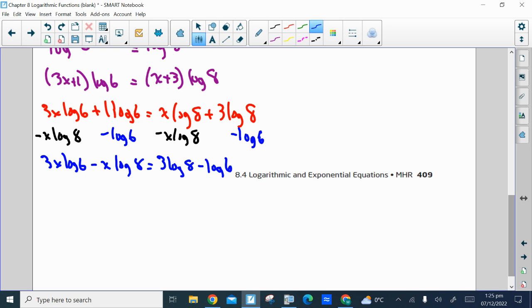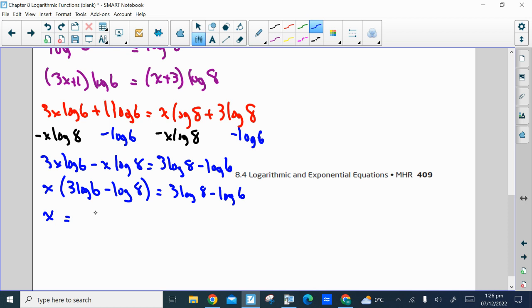Knowing that I need to get x by itself, my next step would be to take out a common factor of x on the left. And now you would simply divide both sides by what's inside the bracket. And that would be an expression for what x equals.